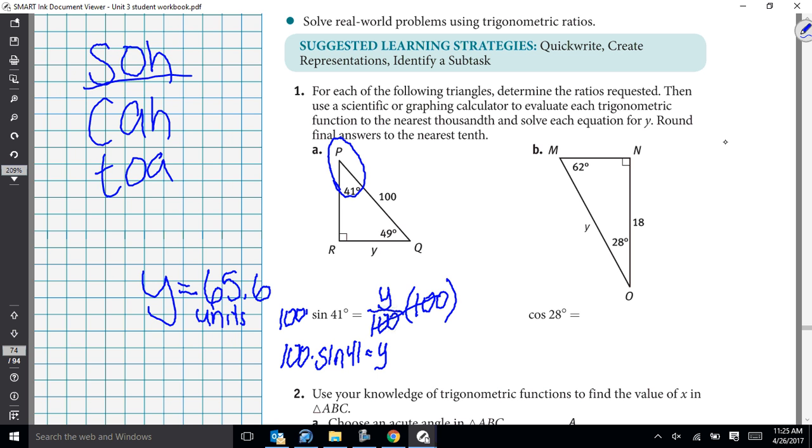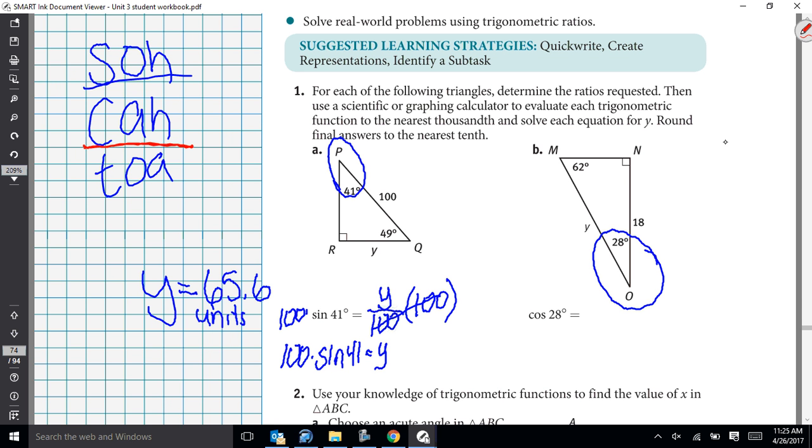Alright, letter B. Here we are looking at cosine of 28, so that's our angle O down here. We are given the length of NO and we want to find y. So cosine, that's our CAH. What does CAH stand for?